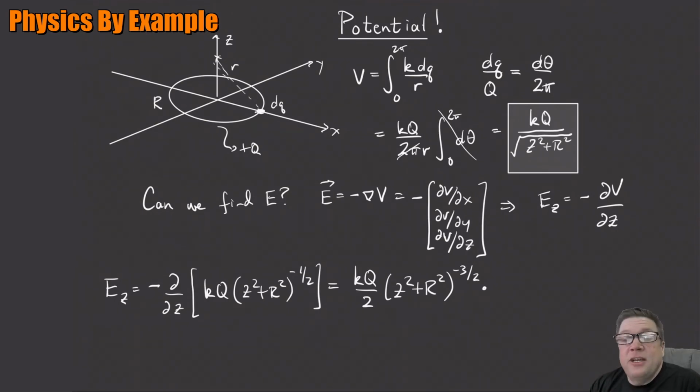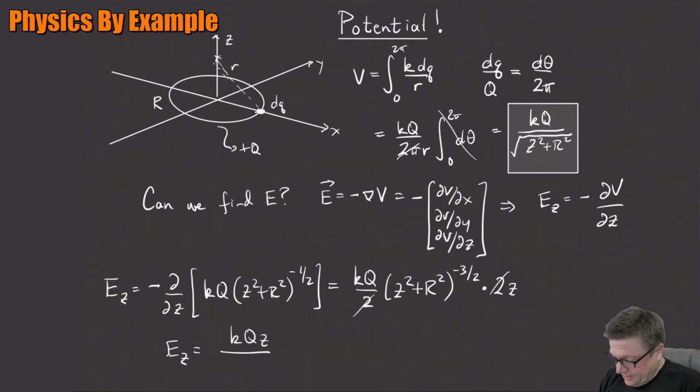Then chain rule: multiply by the derivative of the inside, which gives 2z. The 2s cancel, so Ez is kQz divided by z squared plus r squared to the 3/2.